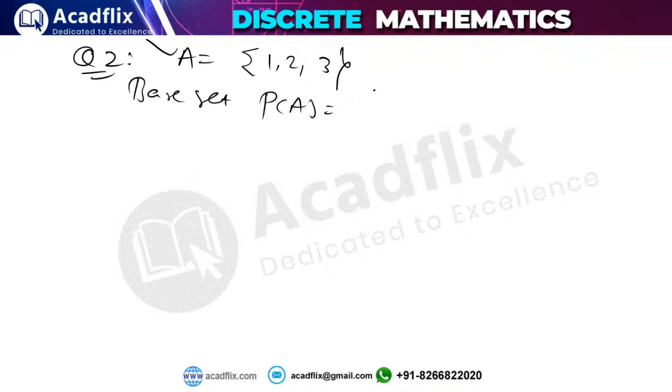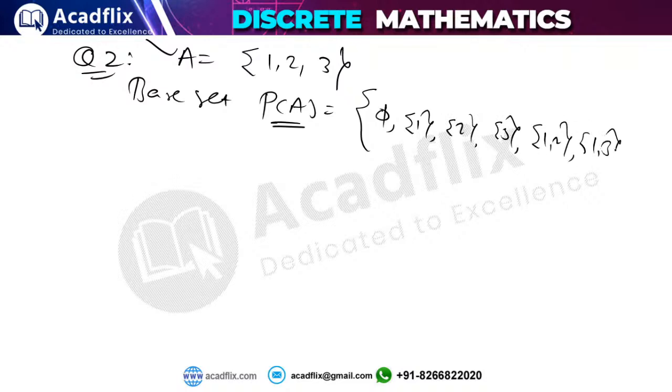PA means power set of A. You already know what is power set of A. Power set of A means collection of subsets of A. For example, the empty set will be here, {1} will be here, {2} will be here, {3} will be here. For example, {1, 2} will be here, {1, 3} will be here, {2, 3} will be here, {1, 2, 3} will be here.